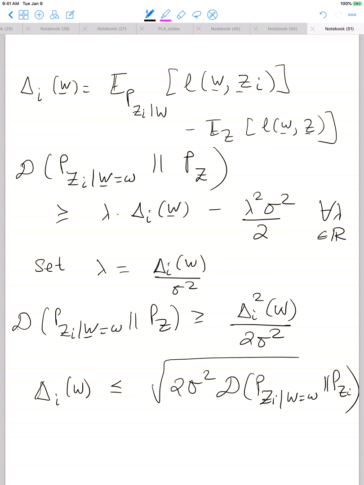I think in hindsight, this is perhaps a simpler proof than the previous original proof. Okay, so now we'll take the average across all the n samples. Doesn't matter which order you do. What I will do is I will write this like this.